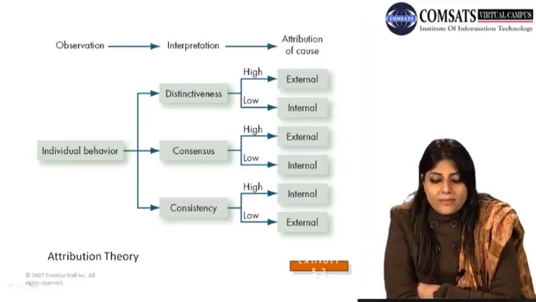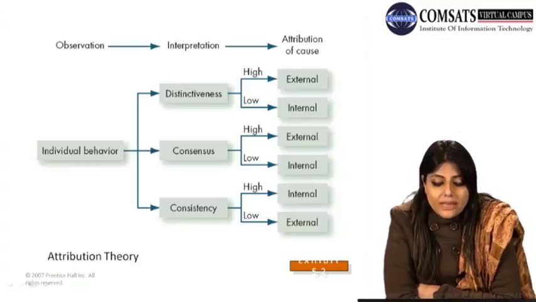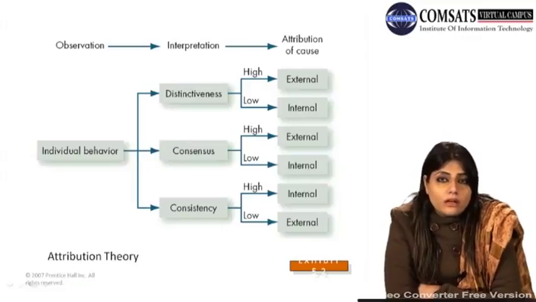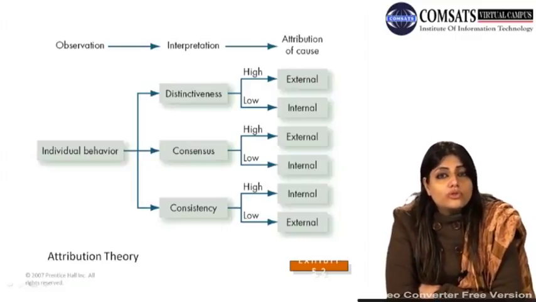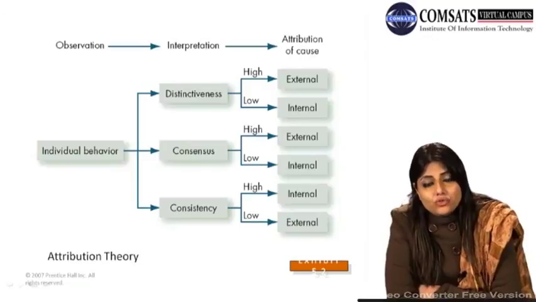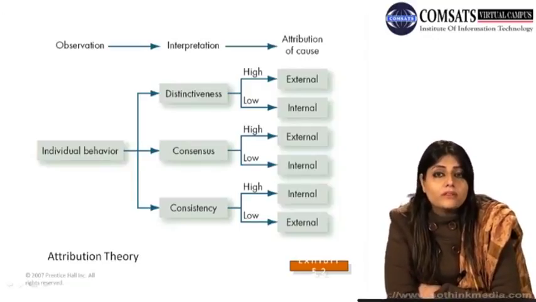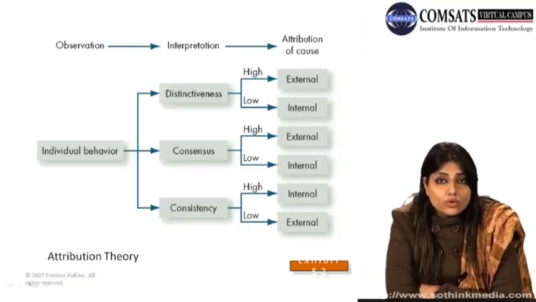Then the second element on the basis of which you form your perceptions is the consensus. If there are other people whom you know who took the same route as this individual, and if they were also late, they also got caught up in the traffic jam because they were following the same route, right?